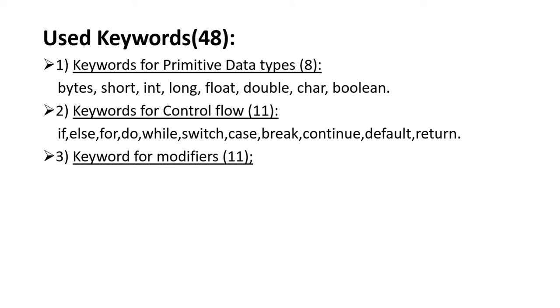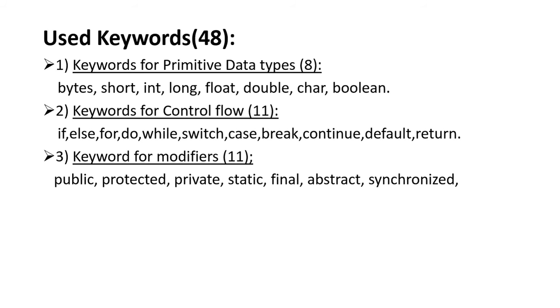Next category, keywords for modifiers. Modifiers we can describe like scope: public, private, protected, static, final, abstract, and synchronized. And more: native, transient, volatile, and strictfp in Java 1.2. What is this Java 1.2 strictfp?